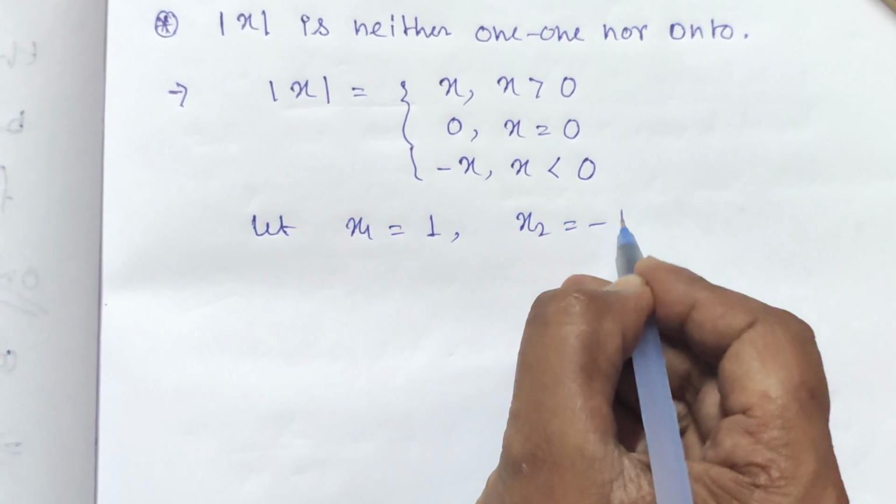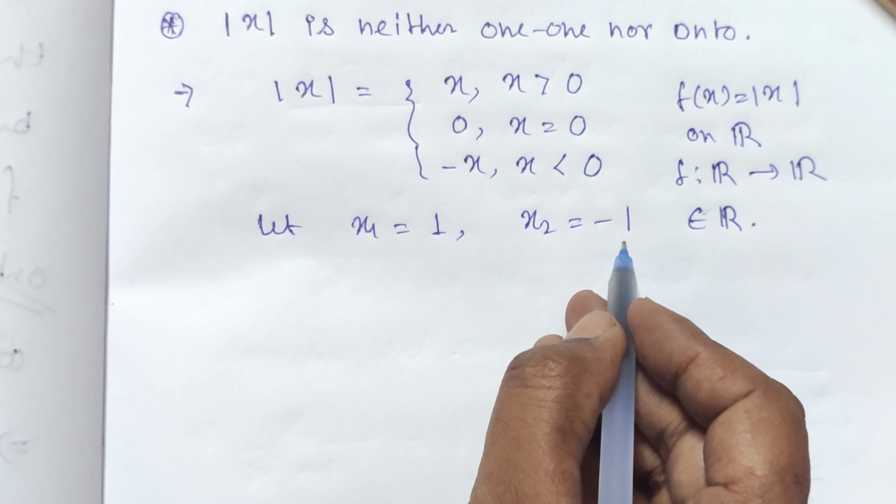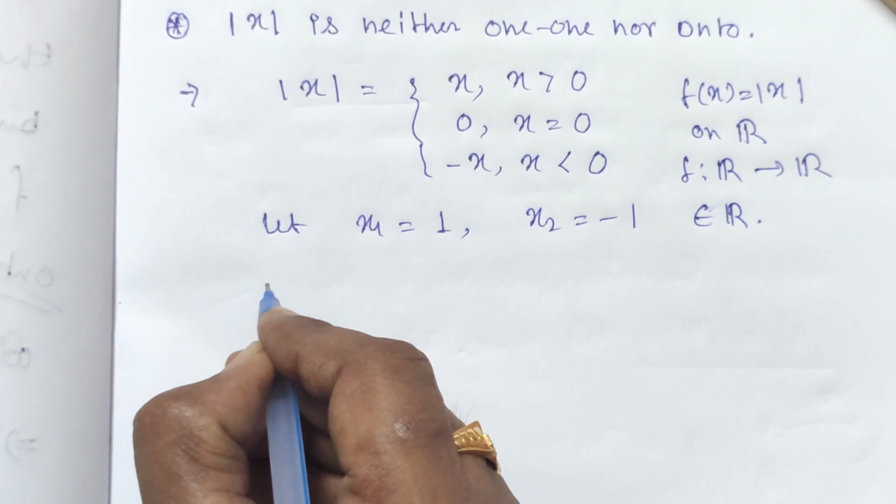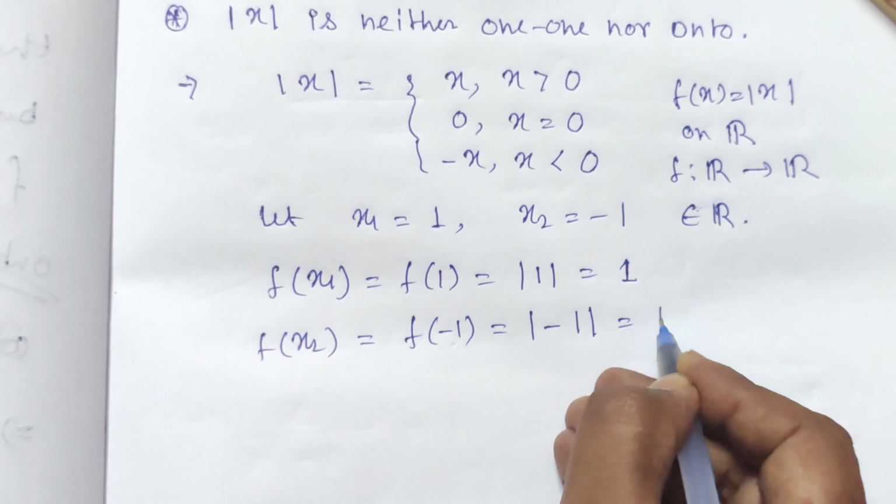This function f(x) equals mod x is defined on real numbers, that is, f maps from real numbers to real numbers. Now calculate the functional value for x1: f of x1 equals f of 1, that is mod 1, and the value is 1. And for x2, f of x2 equals f of minus 1, which equals mod of minus 1, which is again 1.